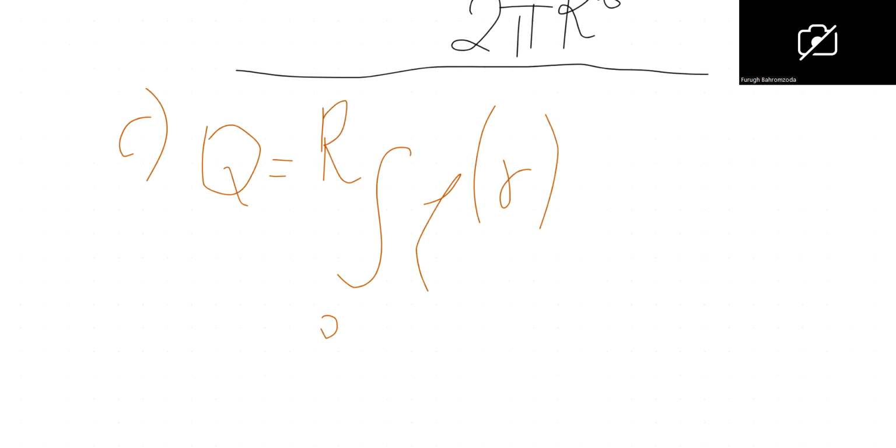The total charge is given by Q equals the integral from 0 to big R of the density of r multiplied by d volume.